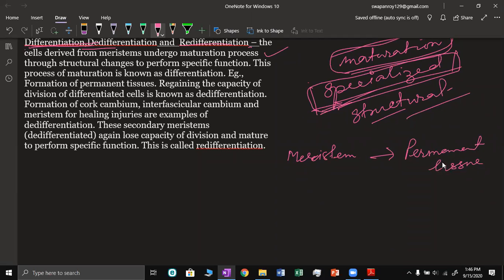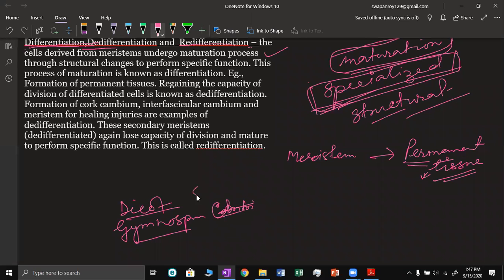And in the permanent tissue, these cells do not divide. All right. But what happens? The plant may require that those cells should divide. Say, in the case of dicots and gymnosperms, there is the cambium, a lateral tissue.